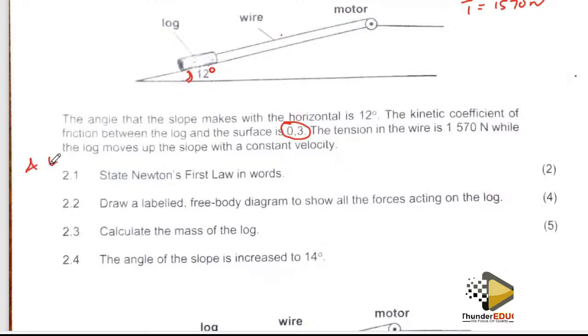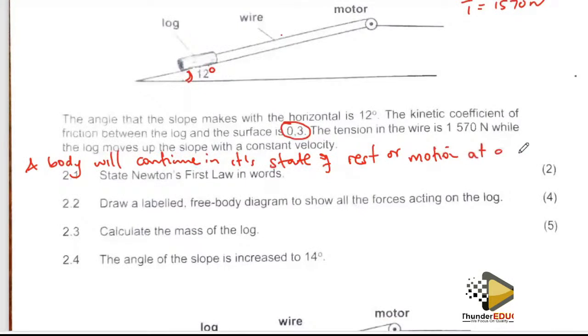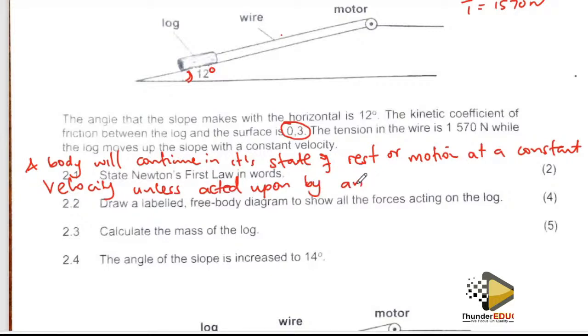We can just say that a body will continue in its state of rest, or we can call it motion at a constant velocity, unless acted upon by an external force. And call it external or even a net force.